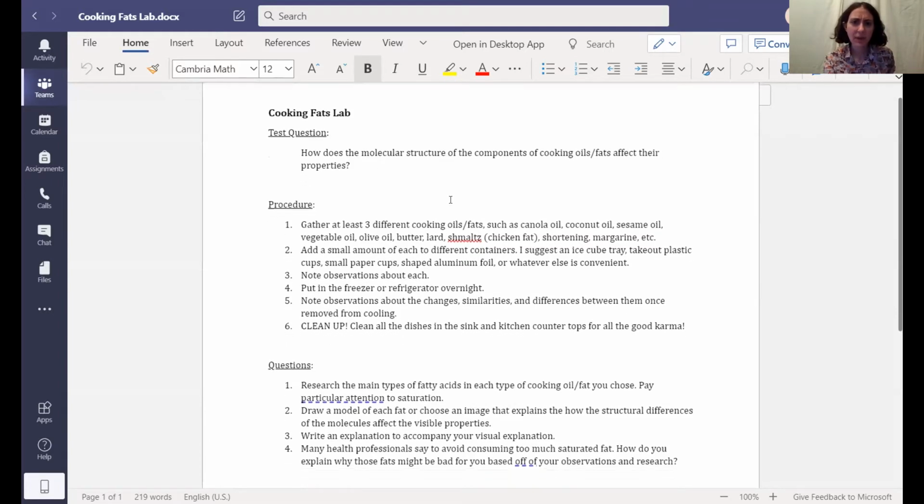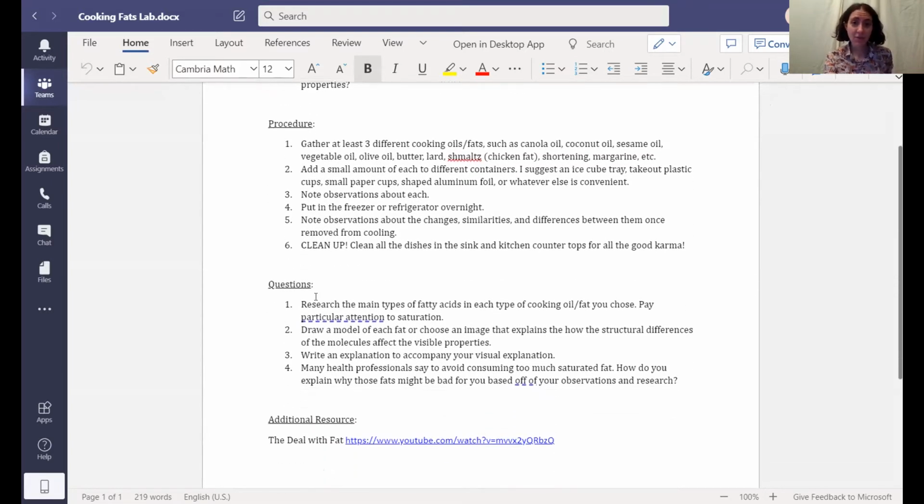Use that soap. The questions I have for you are to research what types of fatty acids are in them. It shouldn't be too hard if you search, for example, olive oil molecular structure. You should come up with some results. The main thing you want to look for is saturation. How saturated is it? If you can get a picture, that's better.